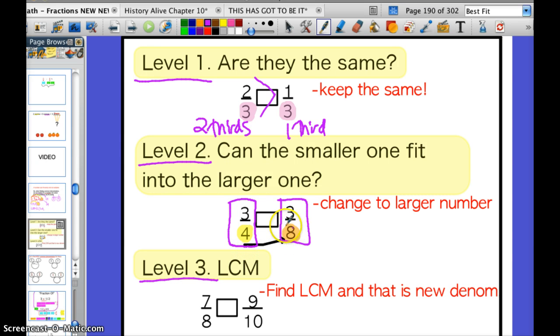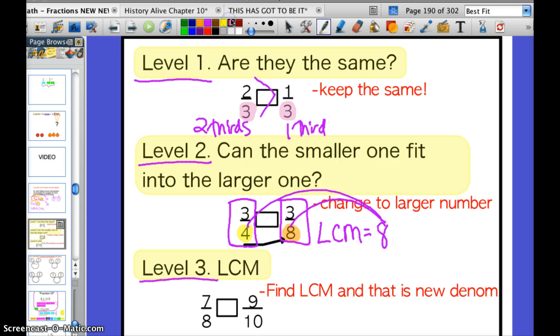So the larger denominator is a multiple of the smaller one, or the smaller one is a factor of the larger one, whichever way you want to think about it. But in this case, when you're making them common denominators, the least common multiple would be 8, because 8 fits into 8 and 4 fits into 8. Okay, so those are easier.